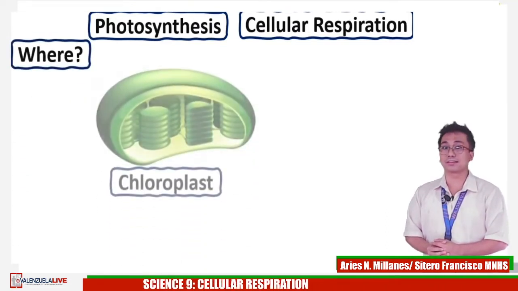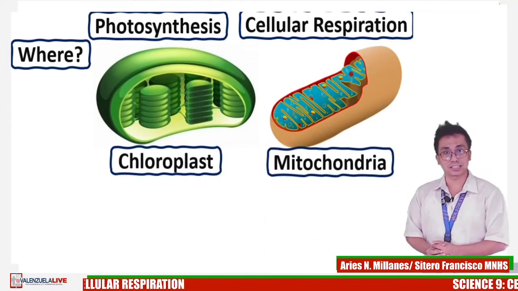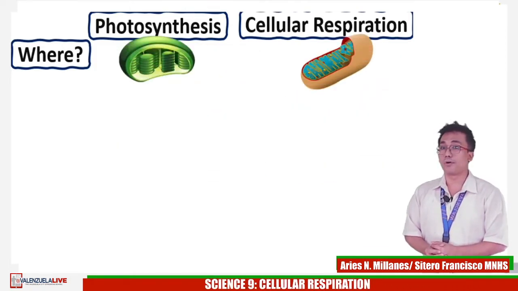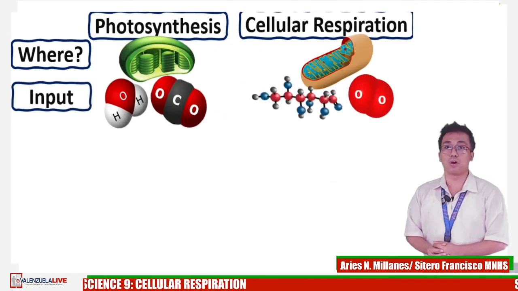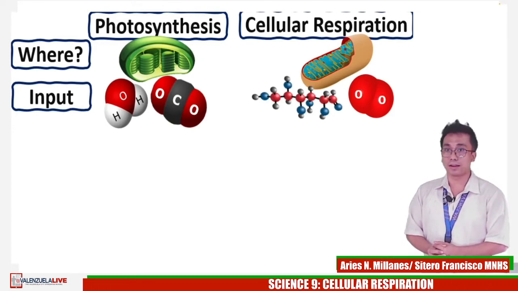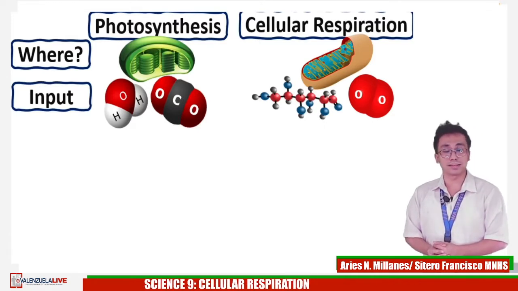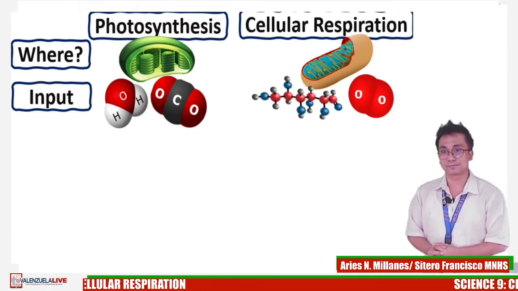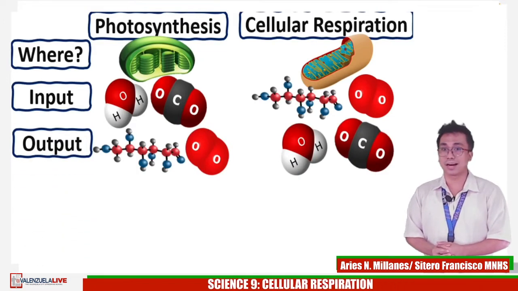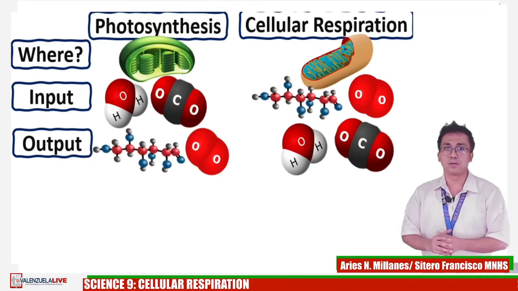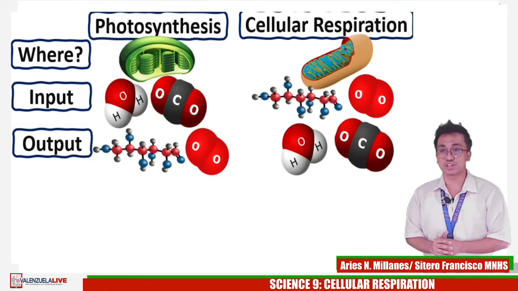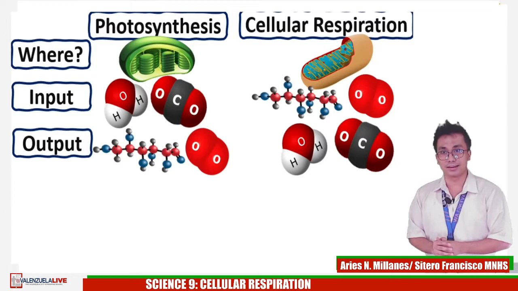To sum up everything, let us compare the two this way. Photosynthesis happens at the chloroplast, while cellular respiration happens at the mitochondria. Our input for photosynthesis is water, carbon dioxide, and energy from the sun, while in cellular respiration, we need glucose and oxygen. The output of photosynthesis is glucose and oxygen, while in cellular respiration, we have water, energy, and carbon dioxide.